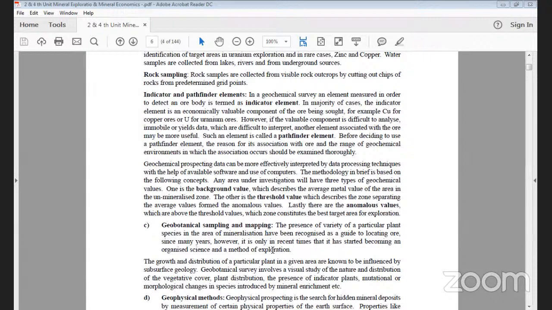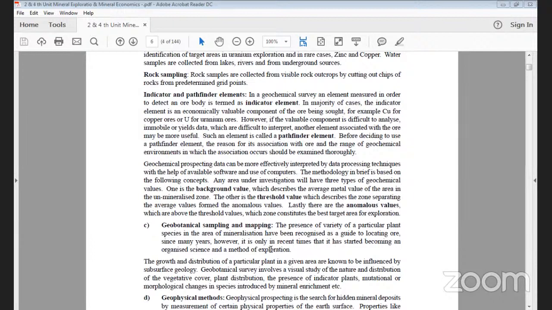So we calculate the annual average values, and the upper limit of the background value is called the threshold value. We apply this threshold value throughout the sampling area, where points are recognized as anomalous. Those anomalous points must have values above the threshold and above the normal background values.